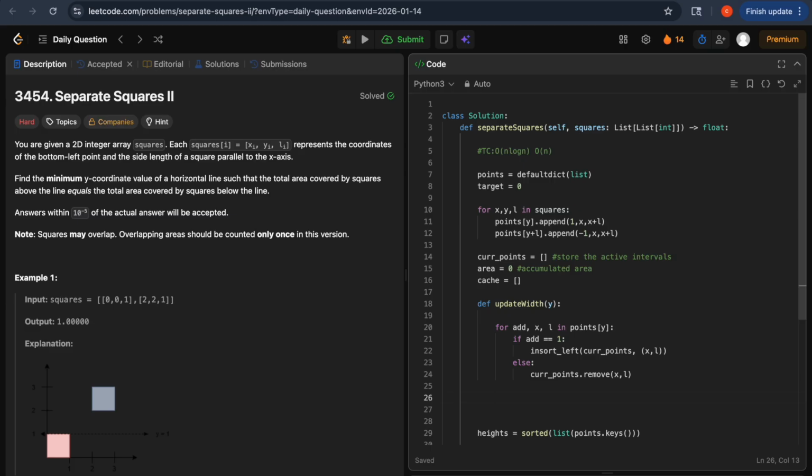So how do we do that? First we need a variable to store the width, and then initialize the pointer left as 0, and now you just iterate through the current points, right? So for each interval, we have two values, x and L, that will be the left and right, right?